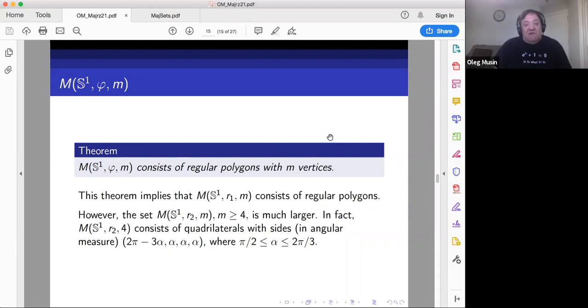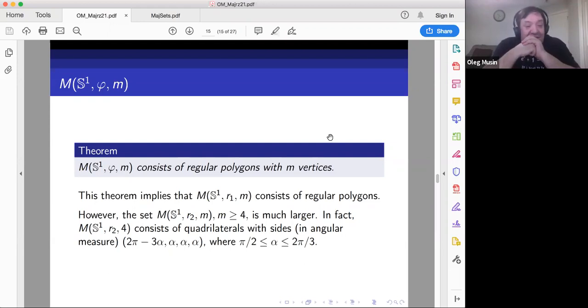In this case, the M set consists of regular polygons. It always consists of regular polygons. So this is not so interesting, because we know that for a good potential, it will be the vertices of a regular polygon.